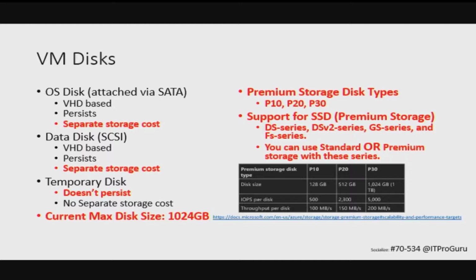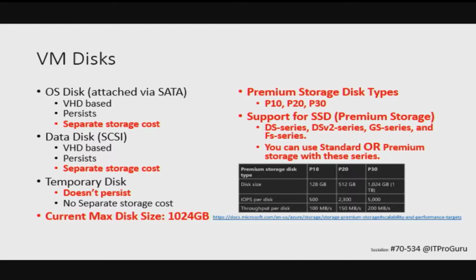The temporary disk doesn't persist. That's important to know, right? You get really nice throughput on that disk because it's on the host server for that VM, so it's local, but it doesn't persist because your VM can move to another host at any time. That disk can go away.